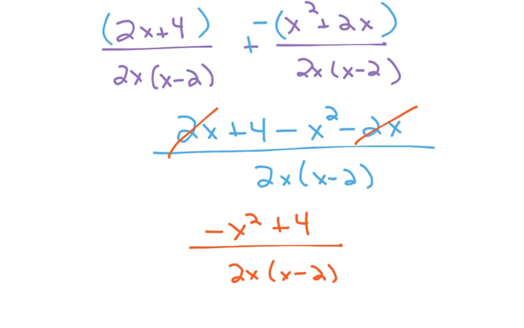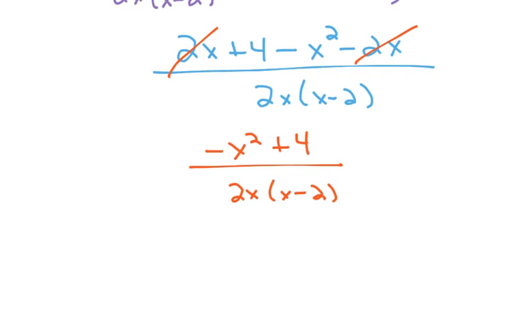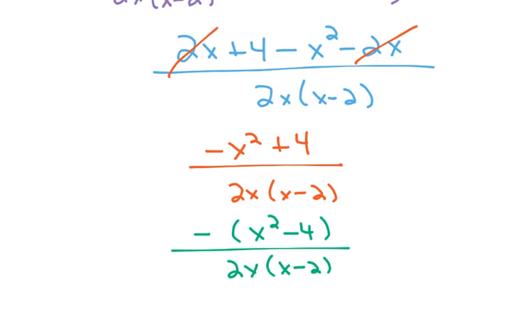Oh, I hate when I have something that starts with a negative. And I had told you in a previous section that you can put the negative outside a set of parentheses by changing the signs of everything else. It's the same as dividing both terms by -1. And the reason I want to do that is because now x squared minus 4 is one of my special quadratics.